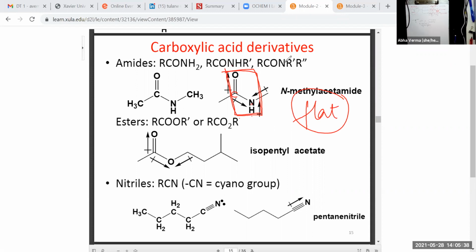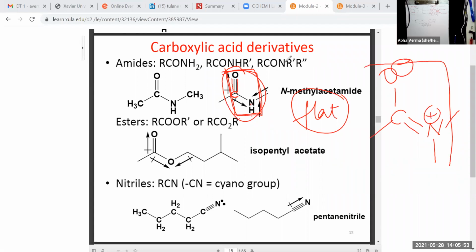Just because of this carbonyl oxygen, and we will see in resonance that it creates something like this. And so this part is always a flat, planar structure. So there is some unsaturation between these two atoms because of that resonance.